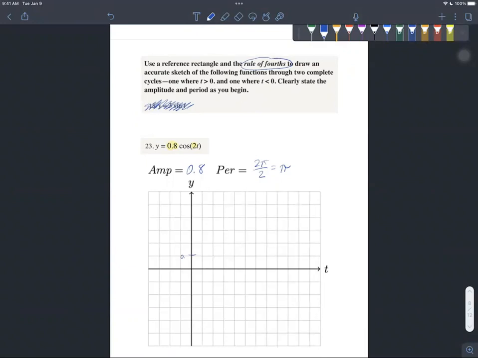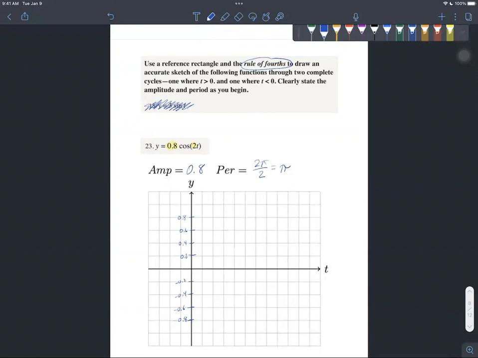Let's mark these as 0.2, 0.4, 0.6, and 0.8. We'll go in the negative direction, negative 0.2, negative 0.4, negative 0.6, and negative 0.8. That is the amplitude. So that's how high and how low we're going to go.